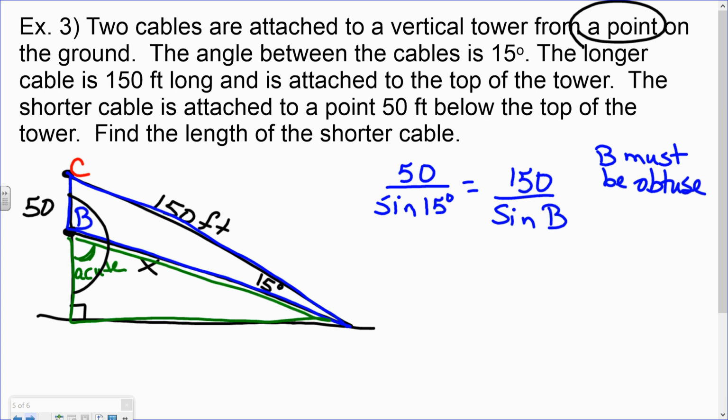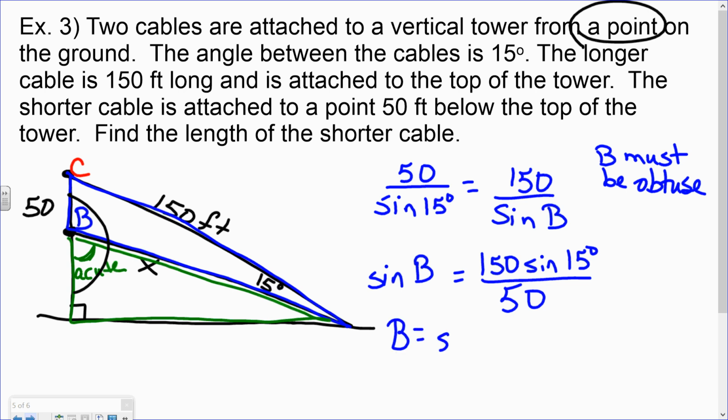So now if I do my cross product, I have 150 sine 15 equals 50 sine B. Divide both sides by 50, so that's going to be sine B. And now I need you on your calculators to do the inverse sine of 3 times the sine of 15 degrees.